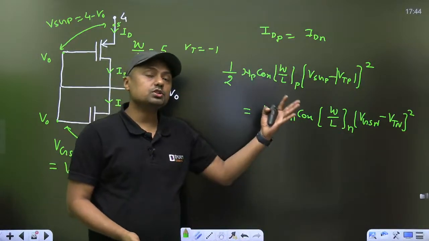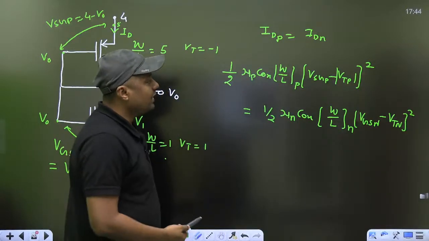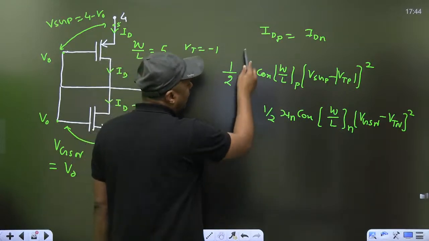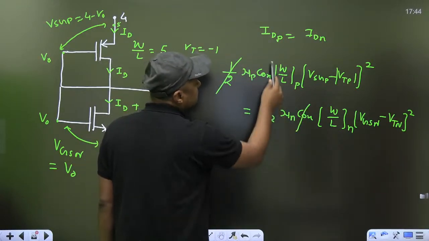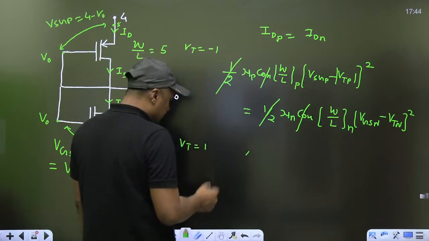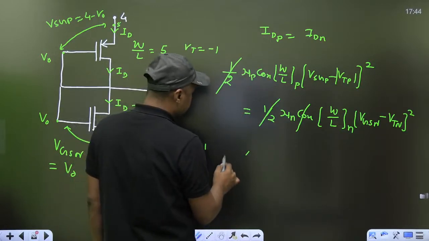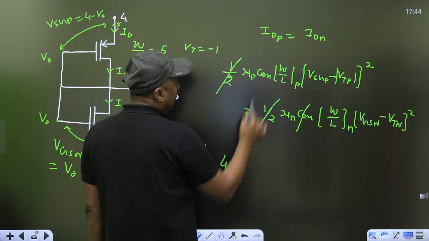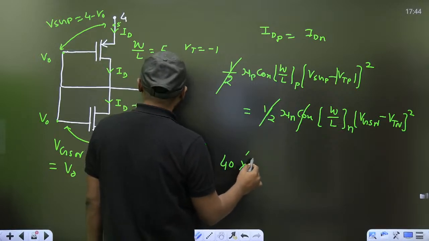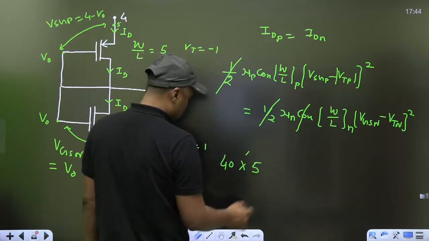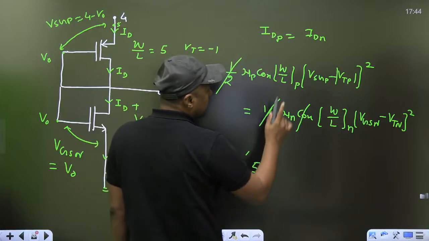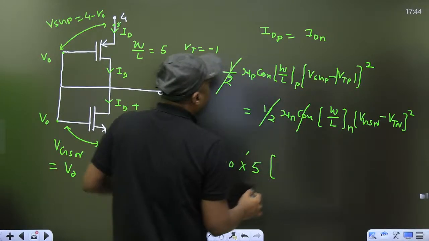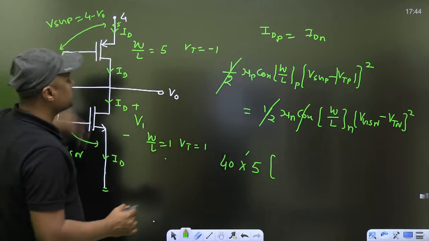Simple. And from these two you can find V0. What is the value of V0? Now half cancels, COX cancels. Mu P is given as 40, W by L is given as 5 for PMOSFET. VSGP you have calculated: 4 minus V0.